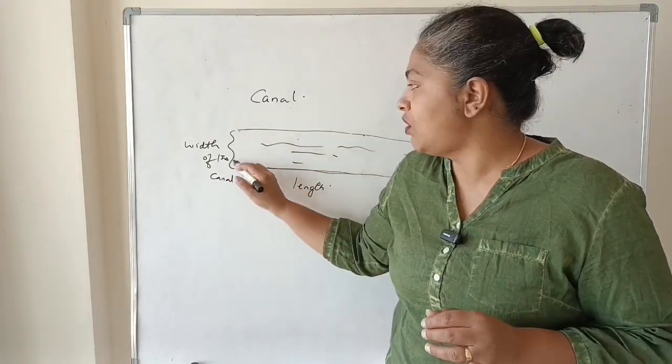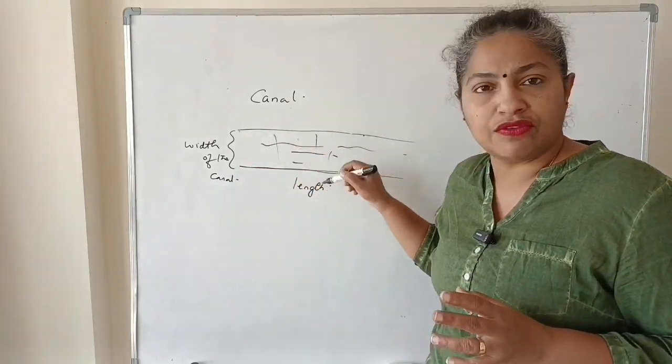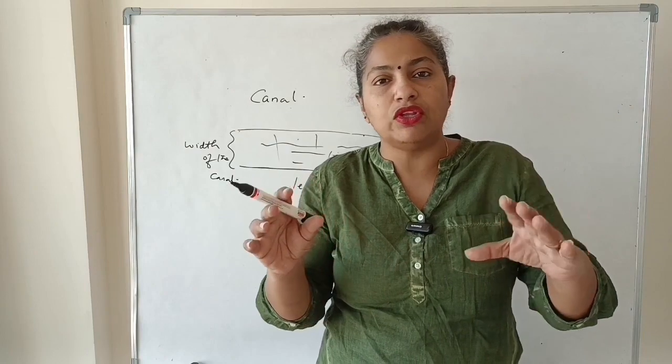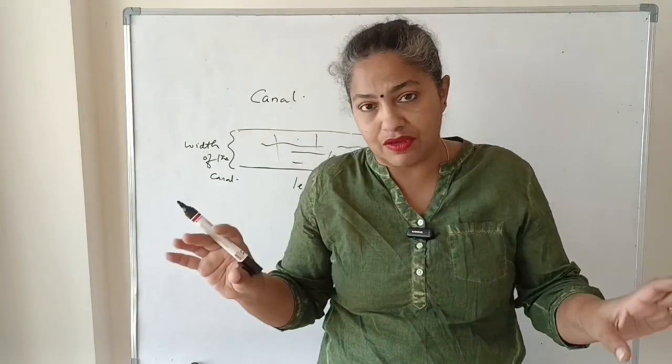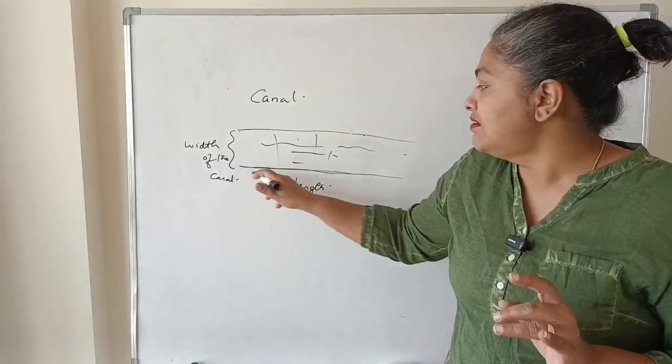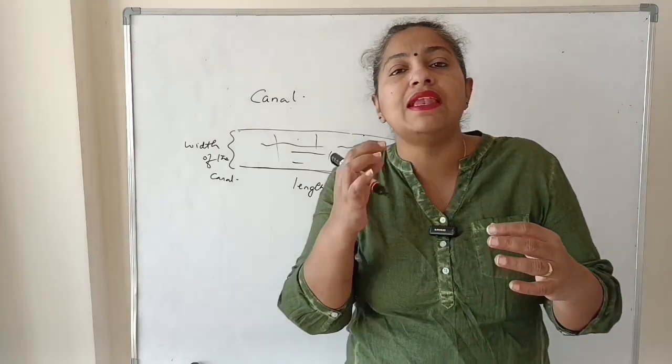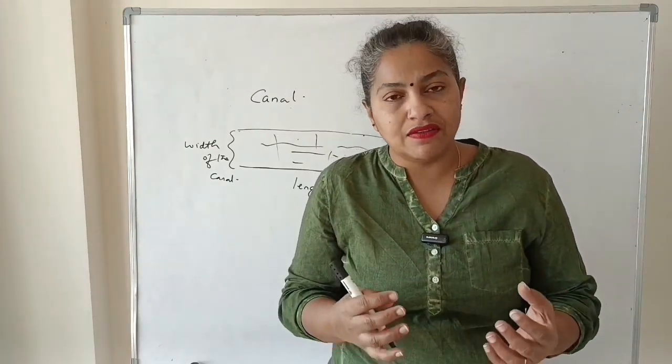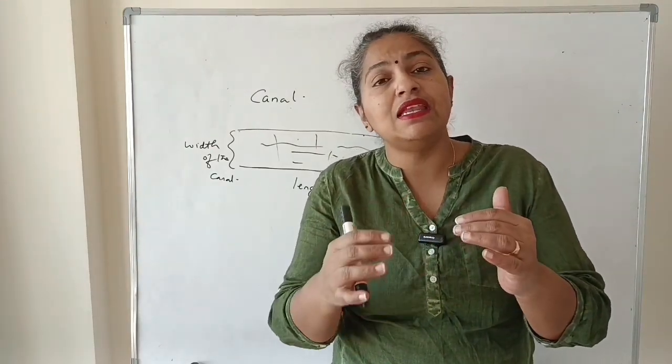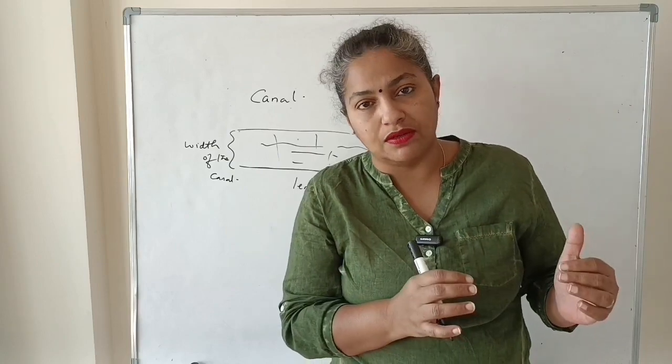You know that there is a mouth of the canal, or you can say there is a width of the canal. We are assuming that the width of the canal will remain the same everywhere. Now this is the length of the canal. When I say the length of the canal, you need to understand that we basically mean the distance covered by water.